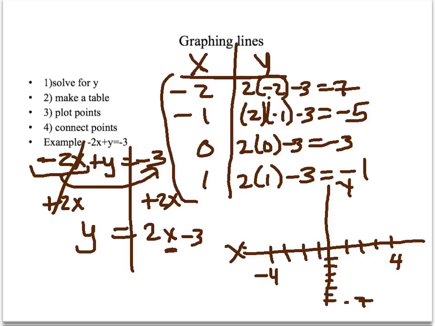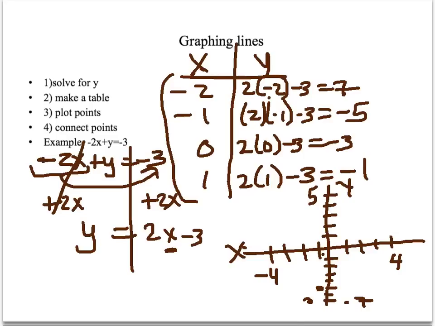I'm not coming up with completely random, but I'm just putting enough tick marks on so I can graph this. So when x is negative 2, y is negative 7. I go over 1, 2. I go down 7. It's right there. When x is negative 1, y is negative 5. It's right about there. And these aren't going to be exact because of my hand-drawn coordinate graph and also my cool stylus.